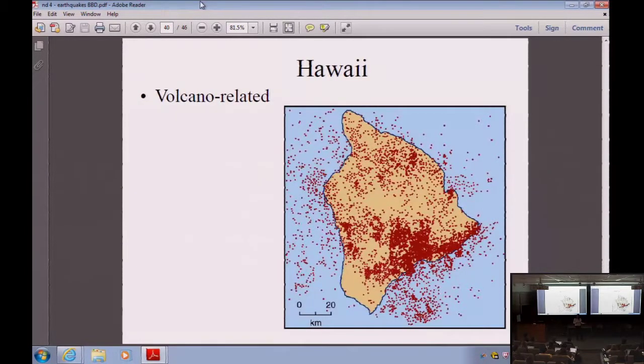These are not large earthquakes. You don't hear about people dying of massive earthquakes in Hawaii, but you can imagine that there are more earthquakes on the Big Island where you have that active hotspot, and fewer as you trail off towards the northwestern islands.